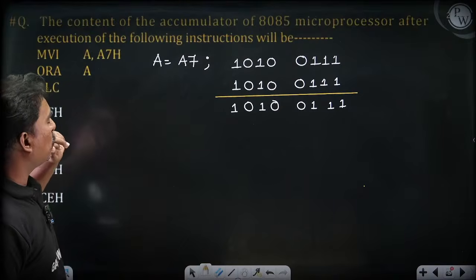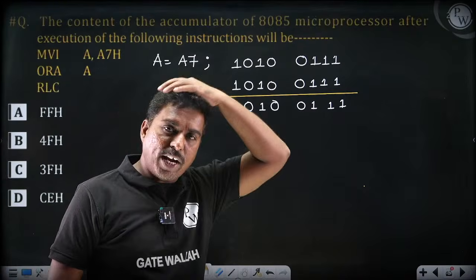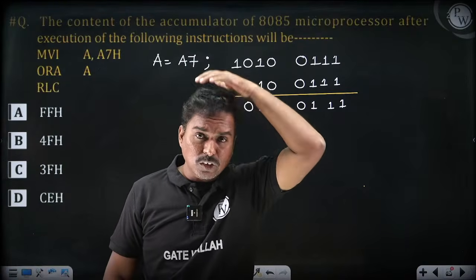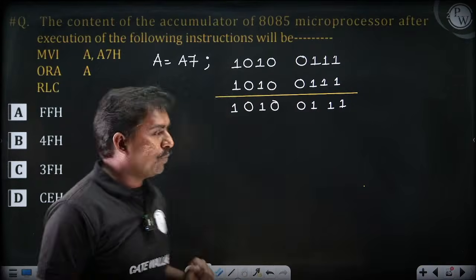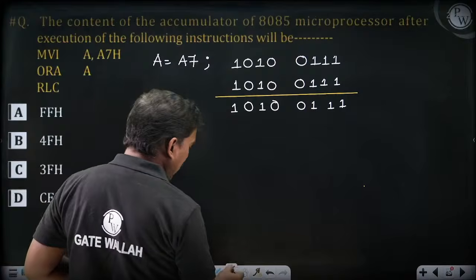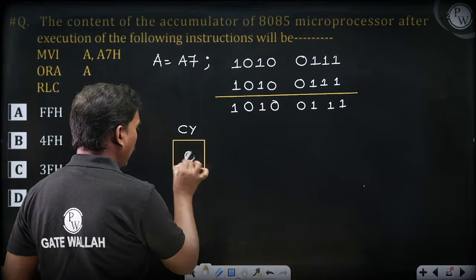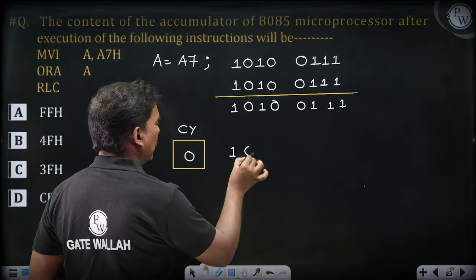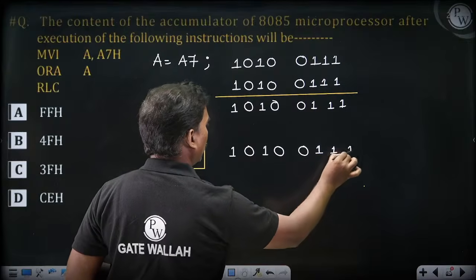Next they are asking RLC. RLC means what? Rotate left without carry. In the 8085 microprocessor, if C is there in the instruction, we call it without carry. If C is not there, it is with carry. So without carry means first of all left side. There will be no carry here, so the carry flag is equal to 0 first of all. And this is 1, 0, 1, 0, 0, 1, 1, 1. So we have to rotate.